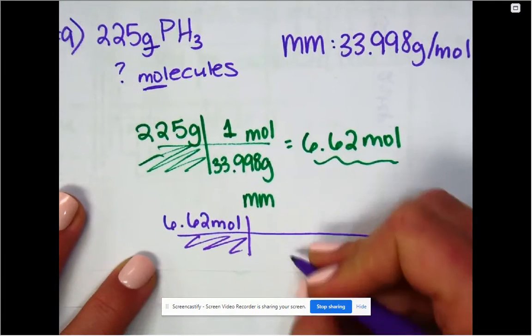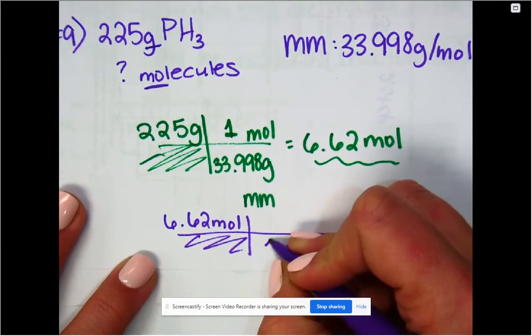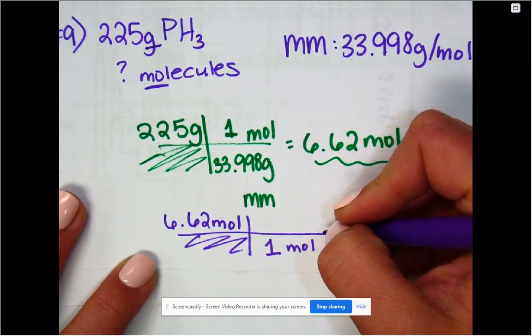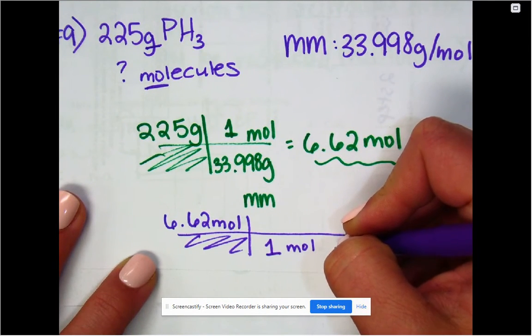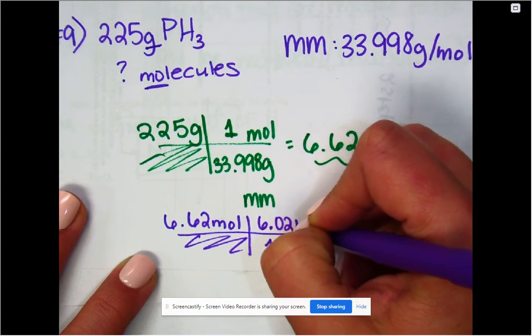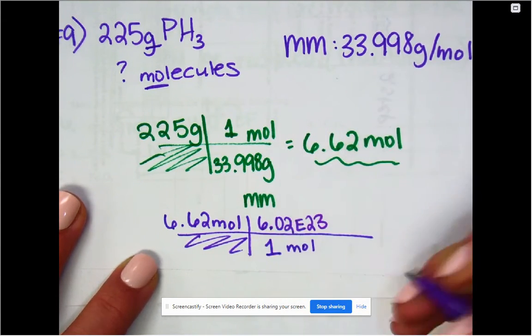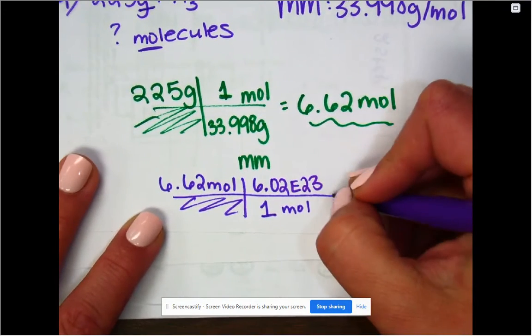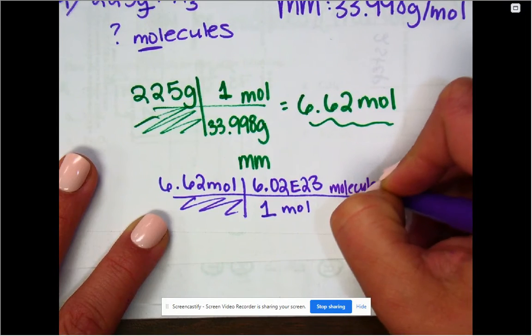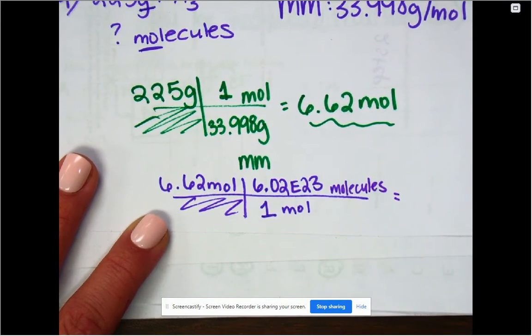We're going to bring the word down to the right. So that's going to be where 1 goes. We're going to have particles on top, or molecules on top, okay? And that's where Avogadro's number is going to go, 6.02 E23. I'll remind you how to type that in your calculator in a second. Okay?